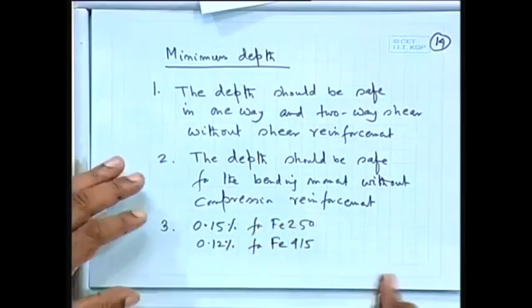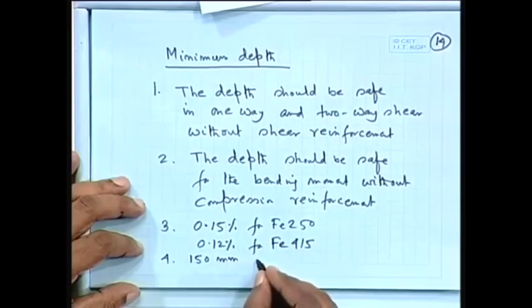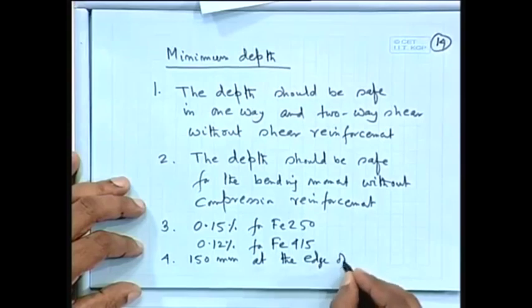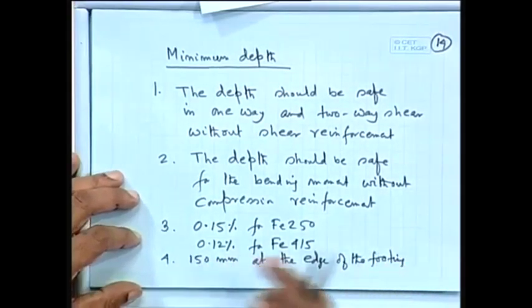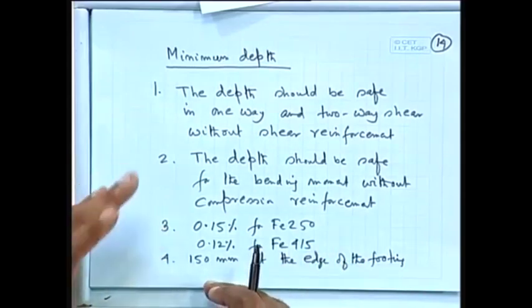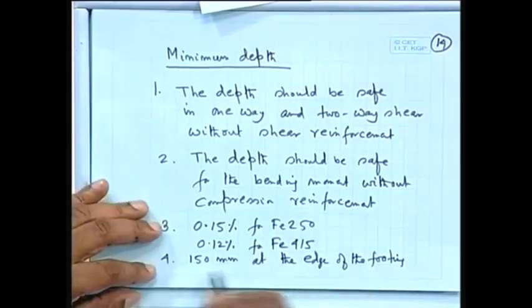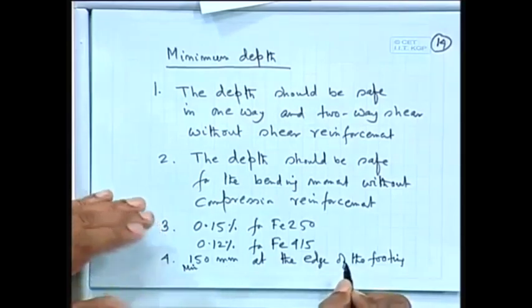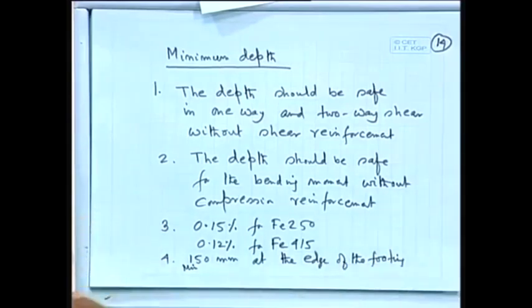This should be the minimum depth. I can write down here 150 millimeter at the edge of the footing. But 300 millimeter if it is on pile foundation, that is the minimum. This one I am talking about minimum. So minimum 150 millimeter at the edge of the footing, minimum 300 millimeter if it is on the pile. So I think I can stop here today.